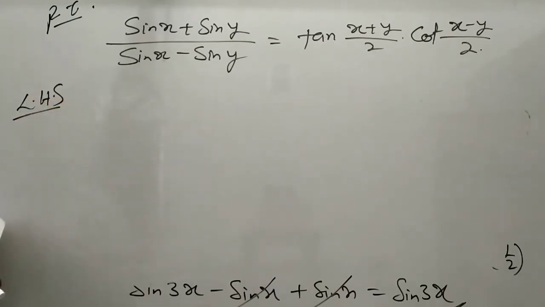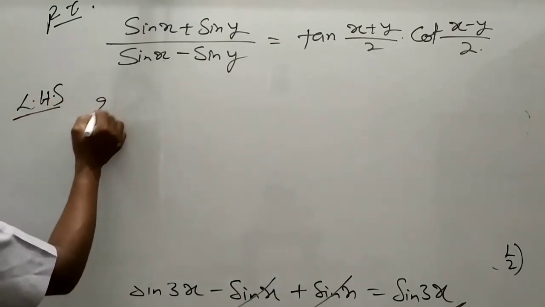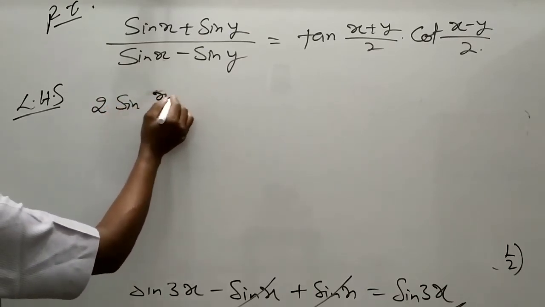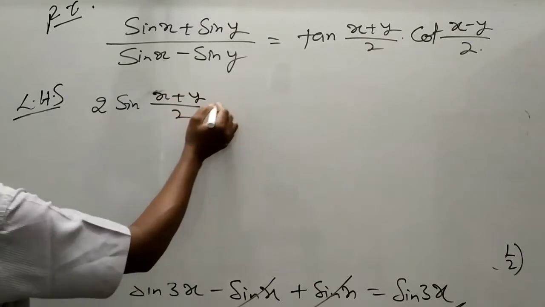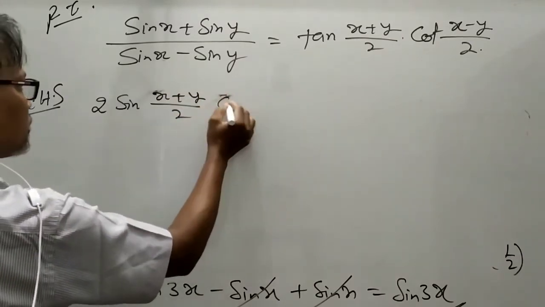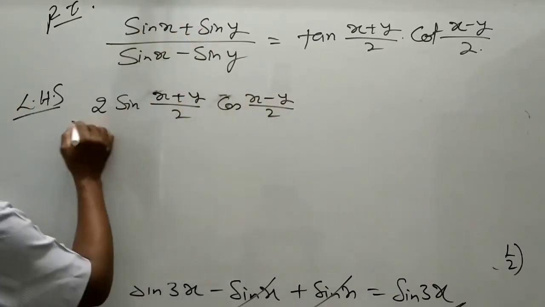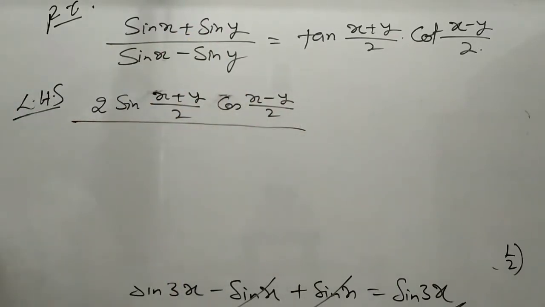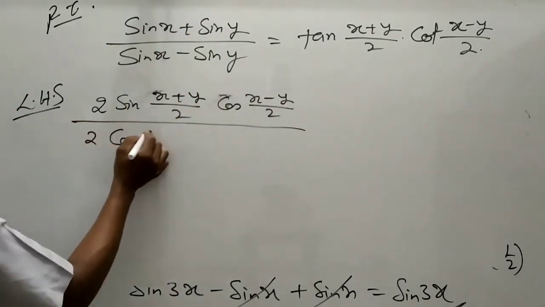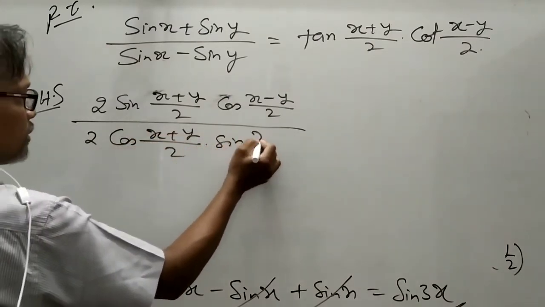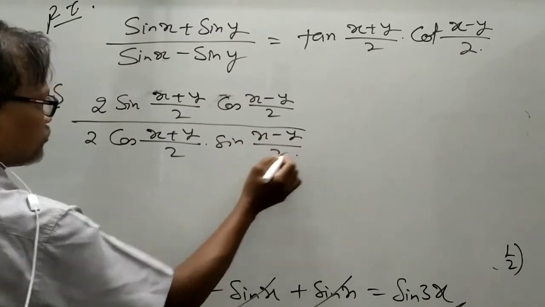So what is sin c plus sin d? This is 2 sin (x plus y) by 2 and cos (x minus y) by 2. This is the formula for the numerator, and for the denominator, start from cos and sin, x minus y by 2.